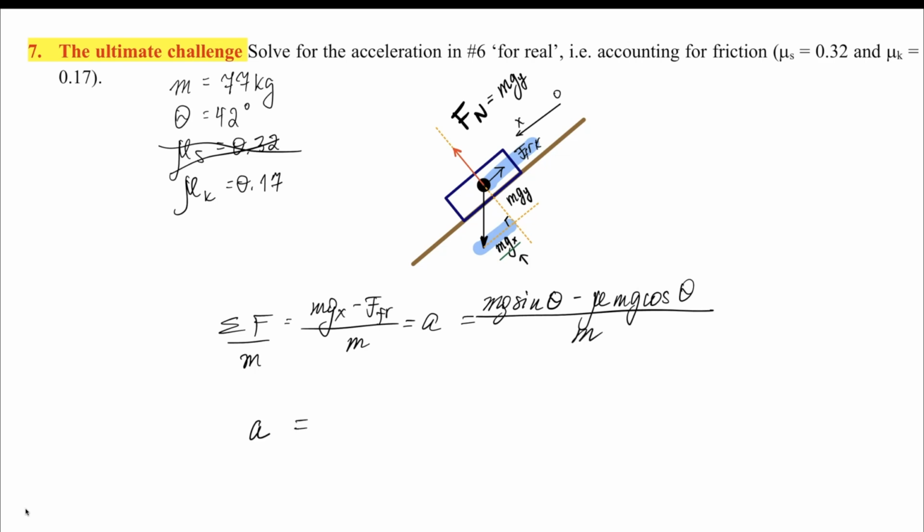From here, acceleration is just g sine theta, which, remember, is the acceleration of something sliding down an incline without friction. But if there is friction, we subtract mu g cosine of theta. So your shortcut is g sine theta minus mu cosine theta. That's going to be your acceleration down an incline if there is friction.